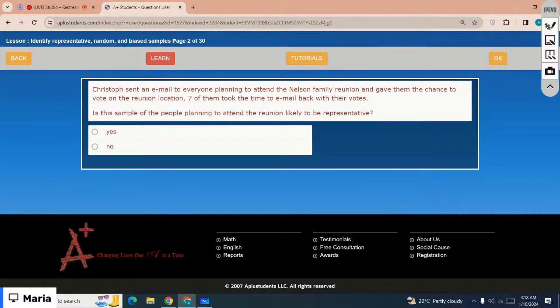This is a biased sample, not a representative one. The correct option is no. They are not representative because the seven people who emailed back with their votes are not the same as the others. So the correct option is no.